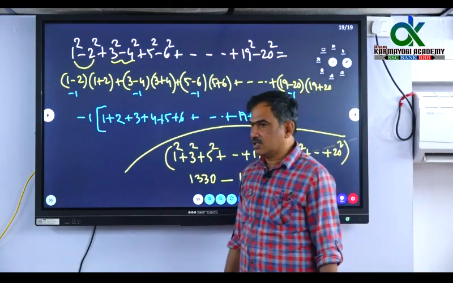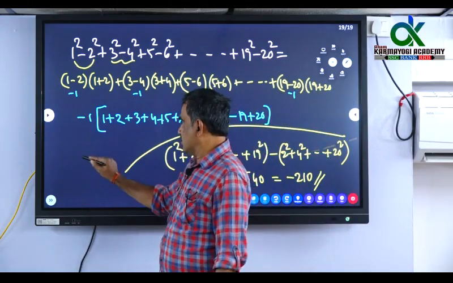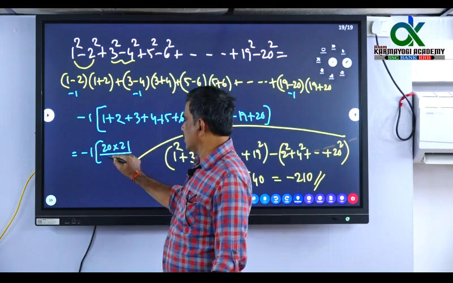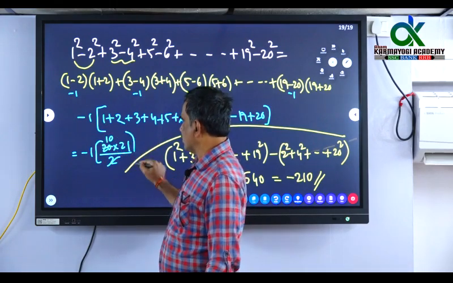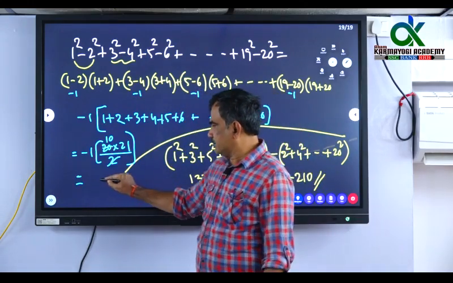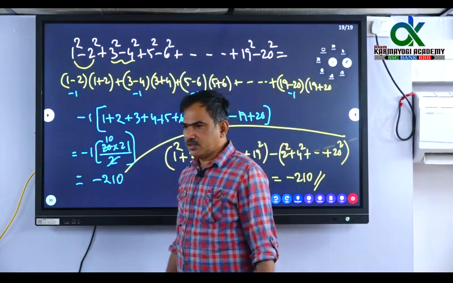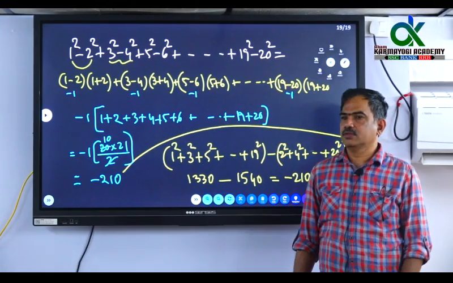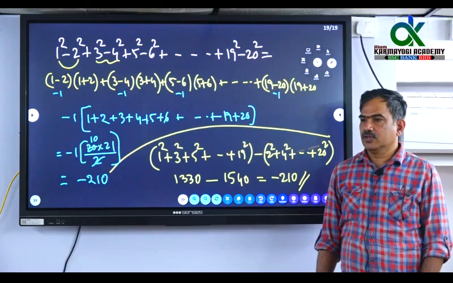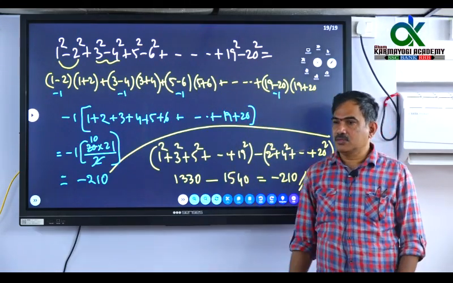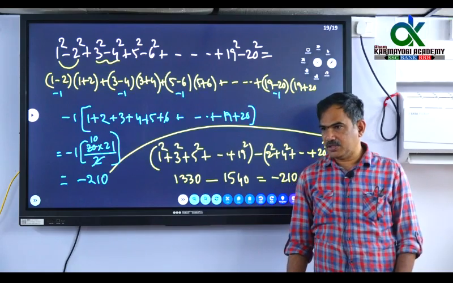What is the sum of n natural numbers formula? n into n plus 1 by 2. So, minus 1 into 20 into 21 by 2. 2 ones are 2, tens cancel. The answer is nothing but minus 210. So, see the two methods. If alternate positive and negative terms are given, this is the method of getting the answer, please.